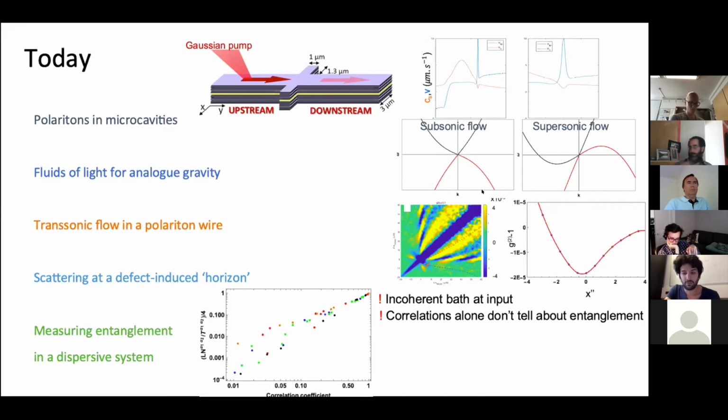The main reason is this number that's hidden here, which is 10 to the -5. That's the intensity of the correlations that we could see, the amplitude of the correlations. That's very low. Jeff will be able to tell us better, but I think that in his experiments, we are sort of 2 orders of magnitude worse off with our polaritons.